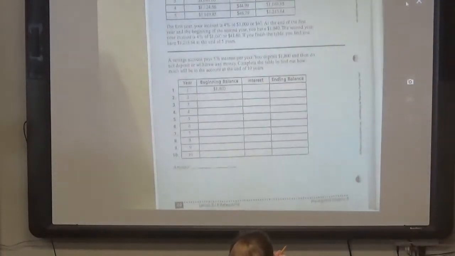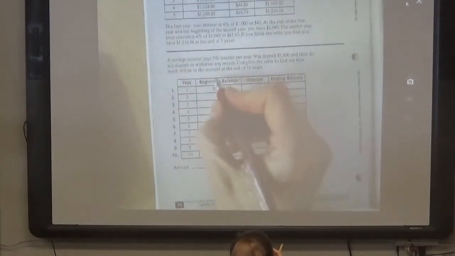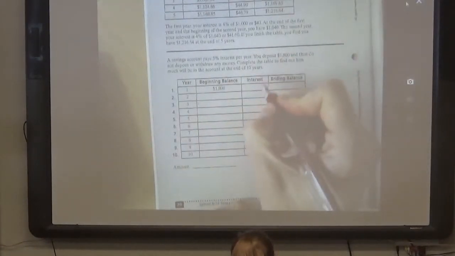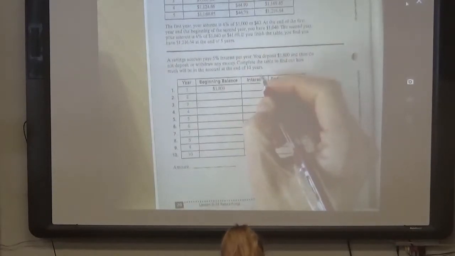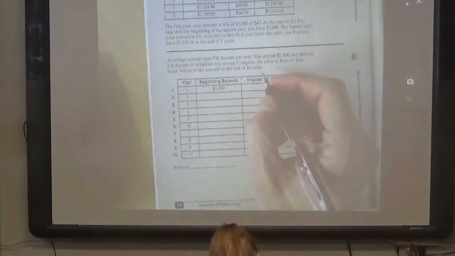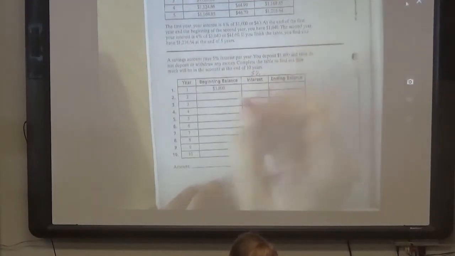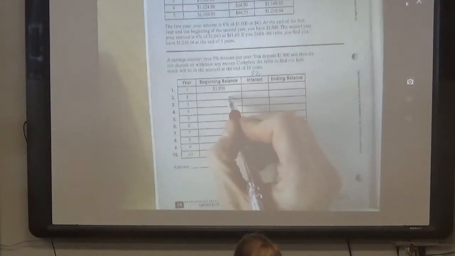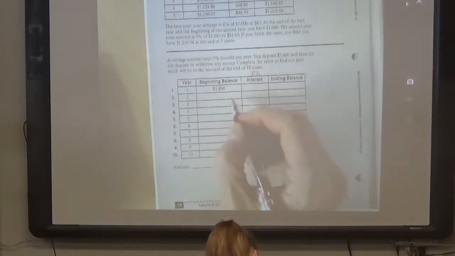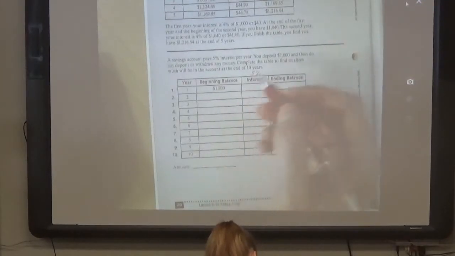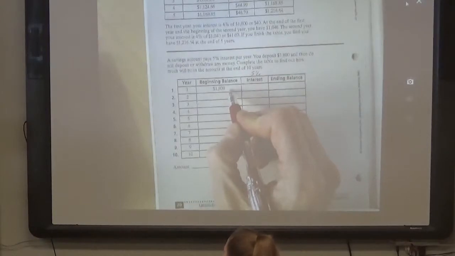Okay? Now, what is the interest rate again? What is the percent they're giving you? 5%, yep. So each time you're going to find 5% of the beginning balance on that row. So what is 5% of 1,800?